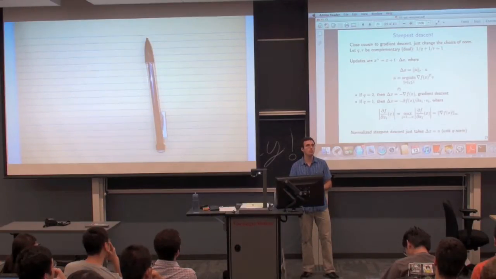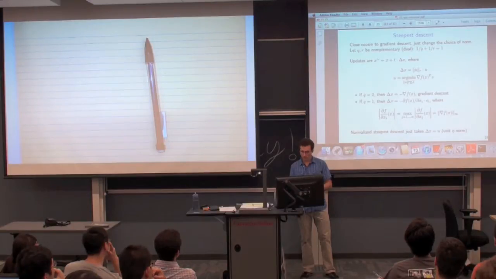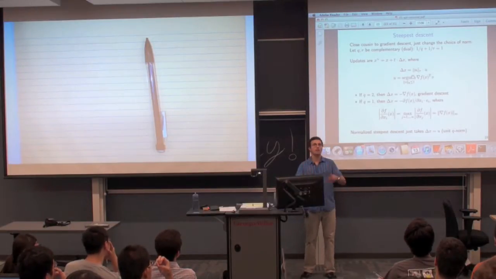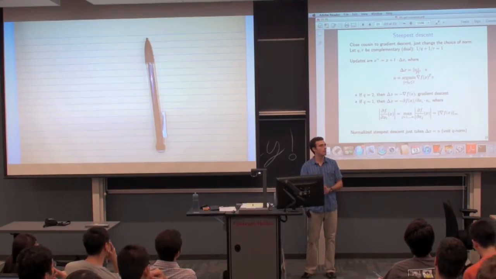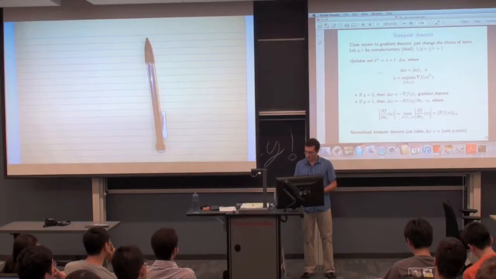So if q is equal to 2, then I would take v to be equal to the minus gradient over its norm. So this would be the normalized gradient descent step. Then the second step just scales that back up, because v has unit norm according to the q norm. This is just a scaling step, because we want to respect the fact that if the gradient is large, then we'll take a bigger step. That's it. So gradient descent is this particular method when q is 2.